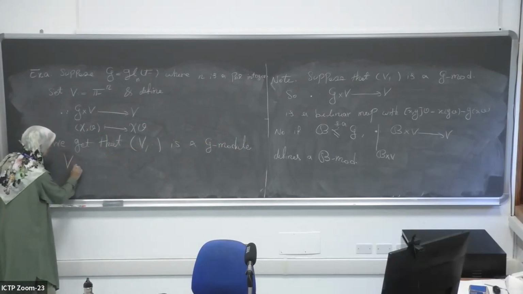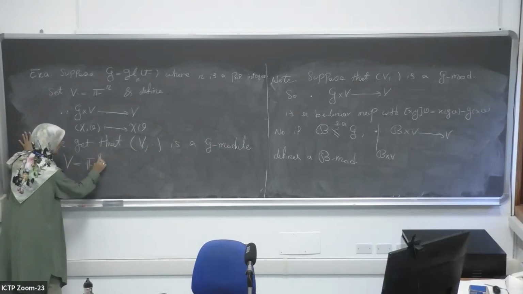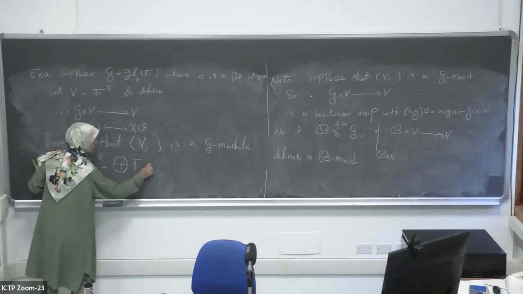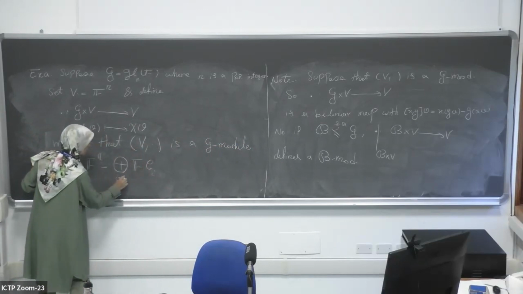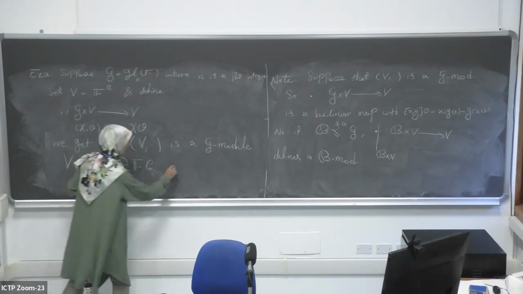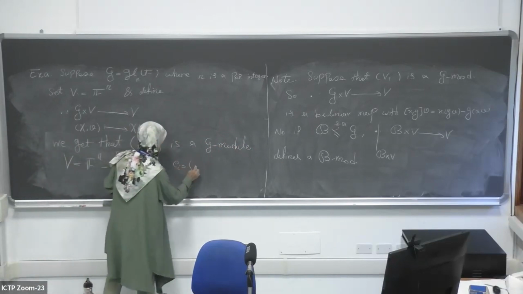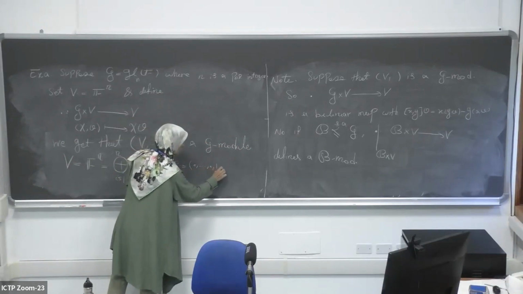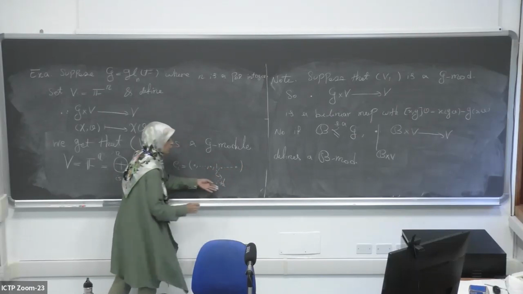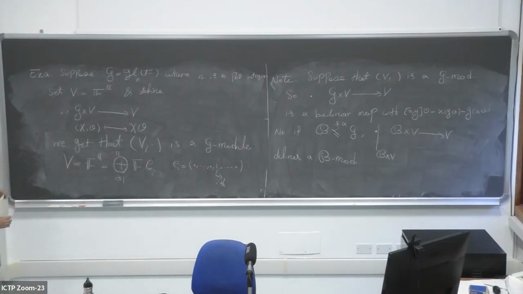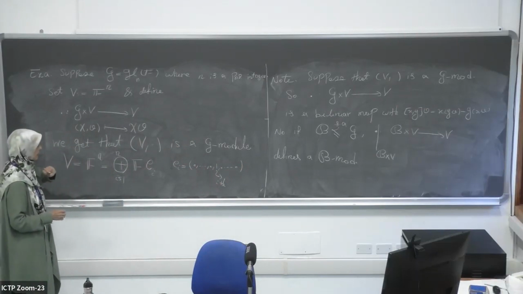We have V equals F^n, and it is the direct sum of F e_i, where i runs from 1 up to n, and e_i is just the standard basis vector 1, 0, ..., 0. In i's position, we have 1, and otherwise we have 0. Okay, and V is this.